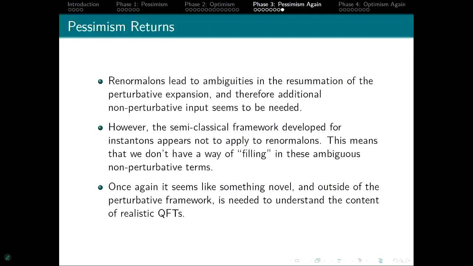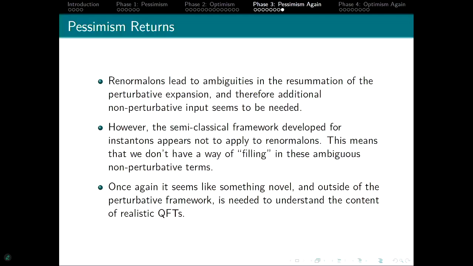And so this leads to a return of a more pessimistic view when it comes to QFT. These renormalon singularities are going to lead to ambiguities in the Borel sum, and we don't really know how to resolve that ambiguity. So it looks like we need to bring in some additional non-perturbative input in order to give some description of these non-analytic exponential in -1/λ type terms.